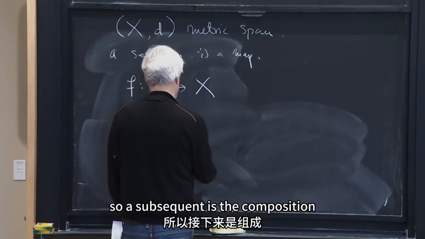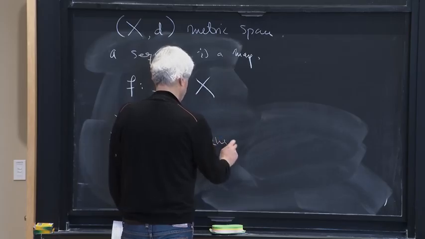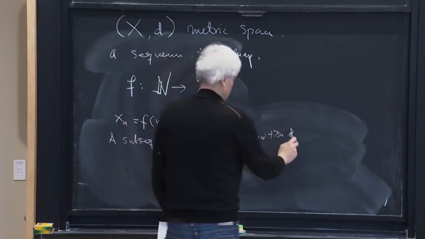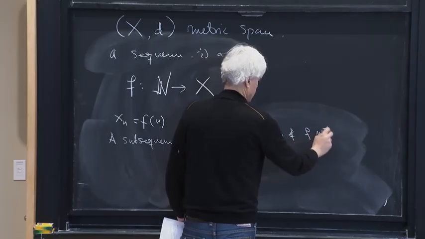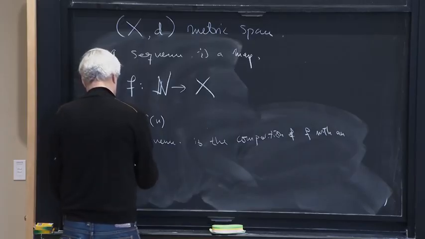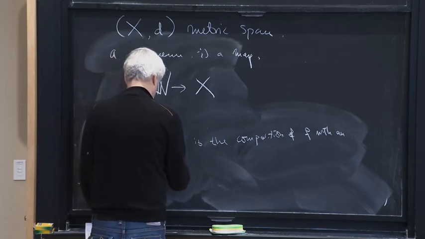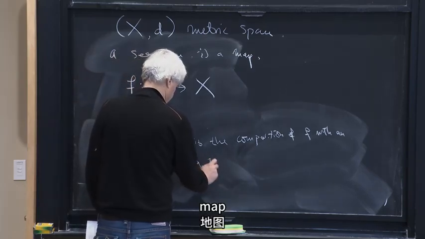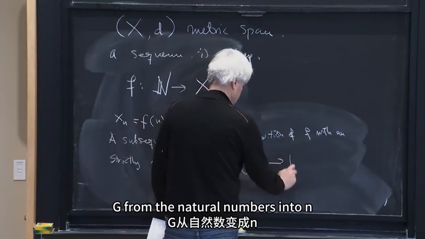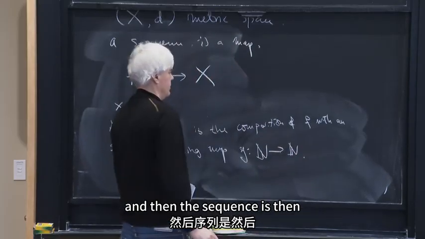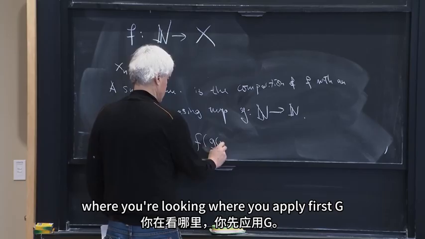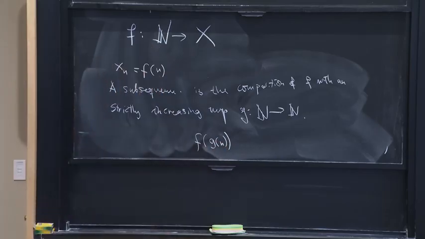So a subsequence is the composition of f with a strictly increasing map g from the natural numbers into the natural numbers, and then the sequence is where you apply first g, and then you apply f.